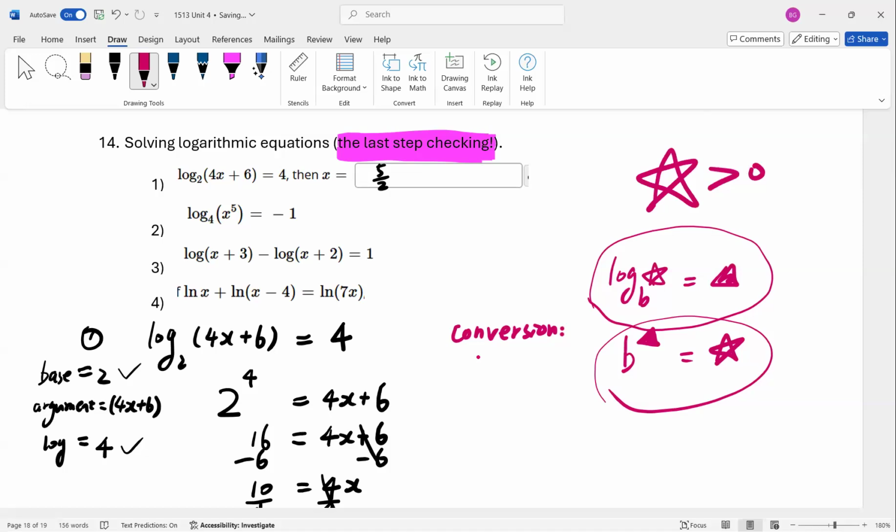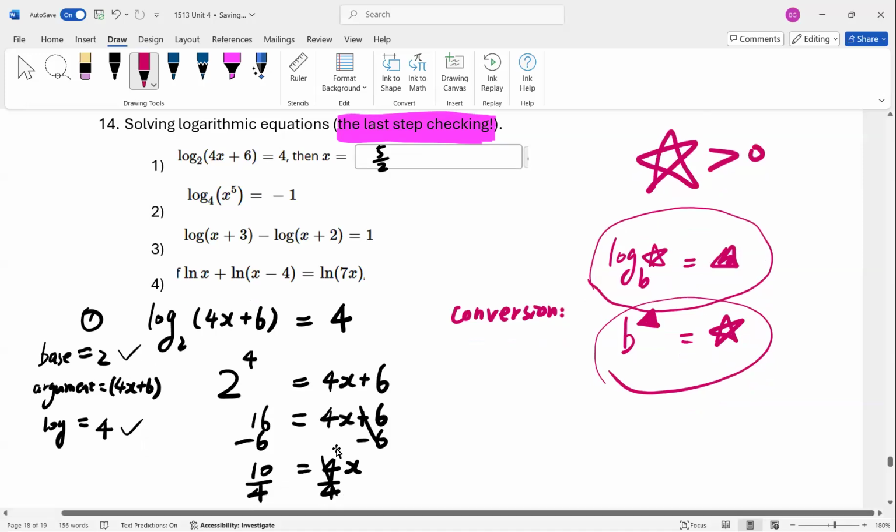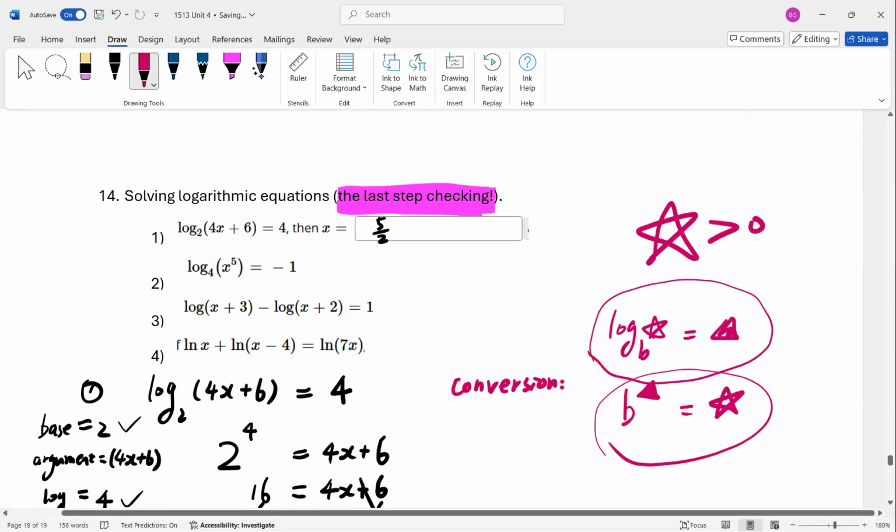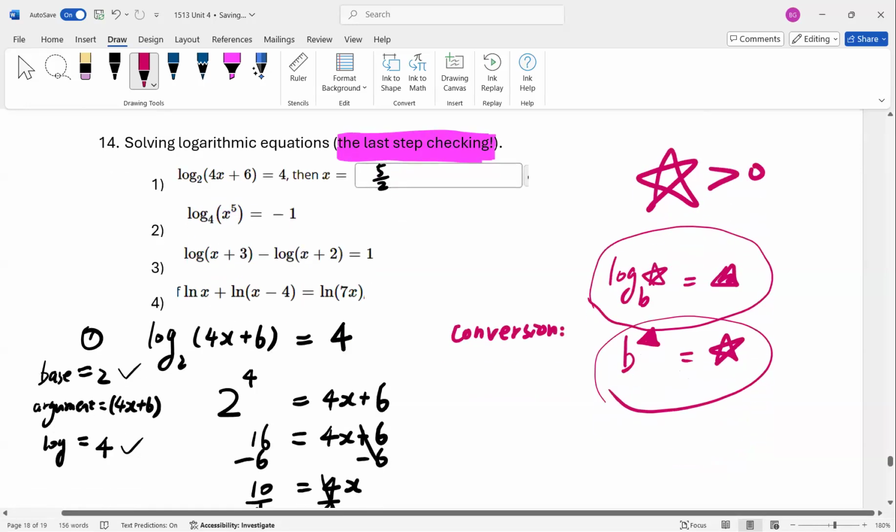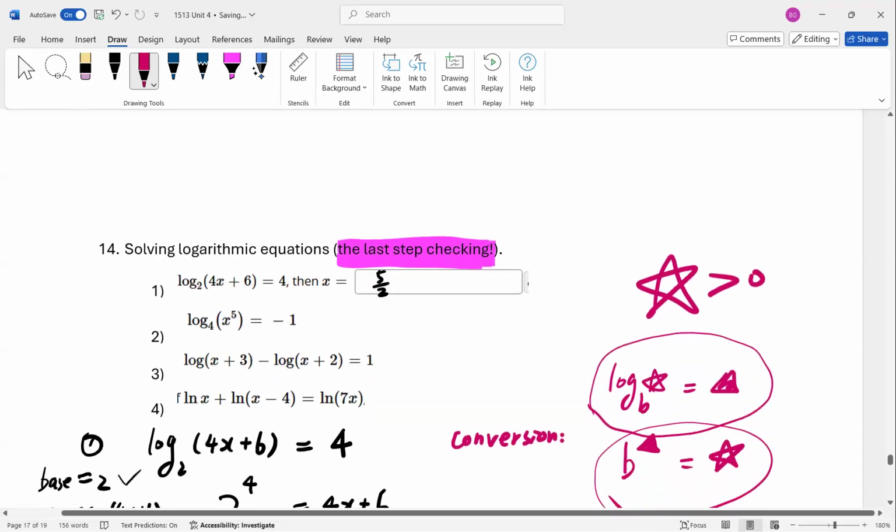The argument has to be positive. And as we can see, no problem. x is positive, times 4 is positive, plus 6 is still positive. That makes the solution fine. That is the actual solution.